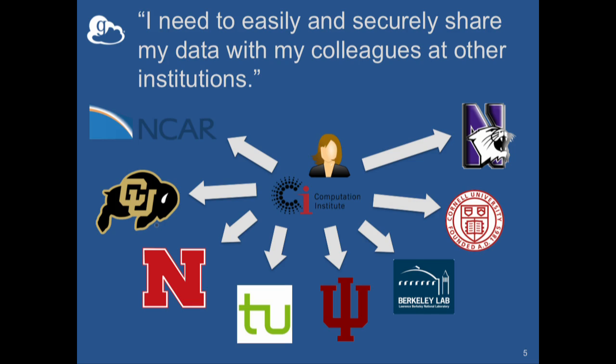And then the third one is wanting to securely share data. Most often, almost always, scientific projects involve multiple institutions. You have collaborations and grants across institutions, and you're looking to share data with your peers who are sitting in different security domains, right? You're working on one campus and you want to share with somebody on a different campus.